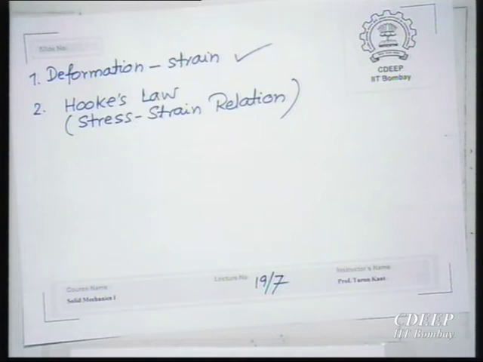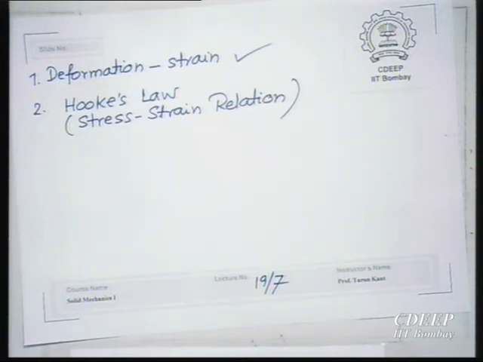Because we wanted to simplify the mathematics. Otherwise, in three dimensions, the mathematics will be too involved. So we restricted the type of loading. We said, let the loading be in the xz plane, and then the behavior will be like this. So we have reduced the problem to two dimensions.